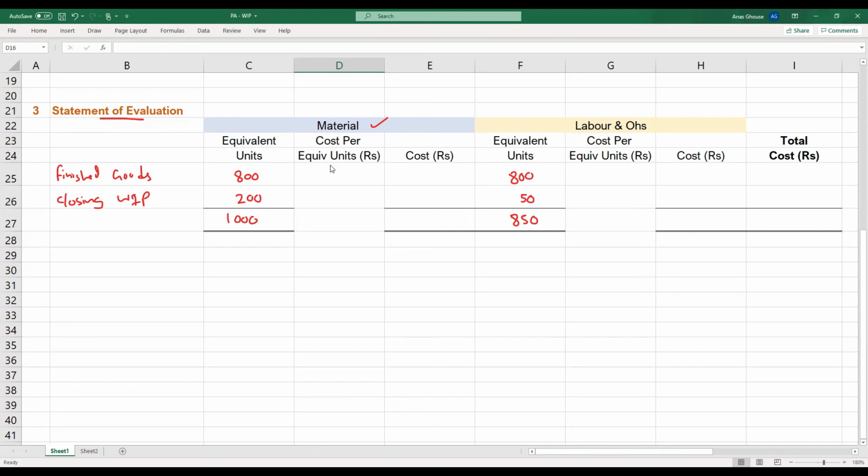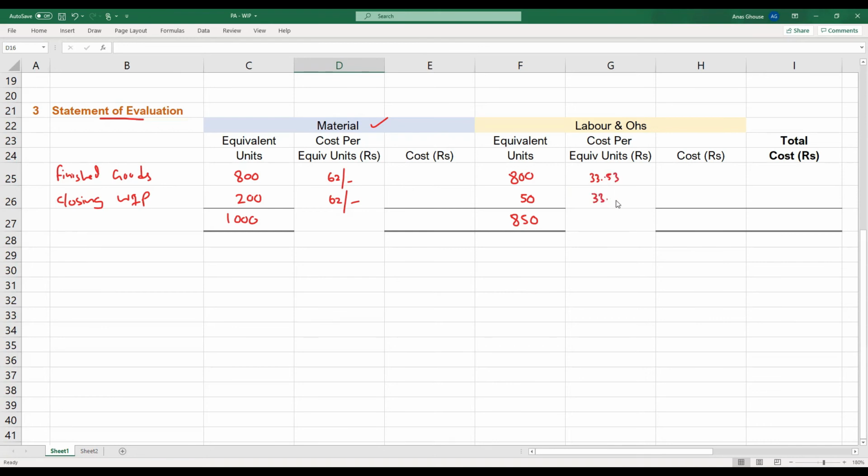The cost per equivalent unit for material, as we calculated, is 62 per unit, and also for closing work in progress with regard to material it was 62. However, for labor and overhead, it was 33.53.